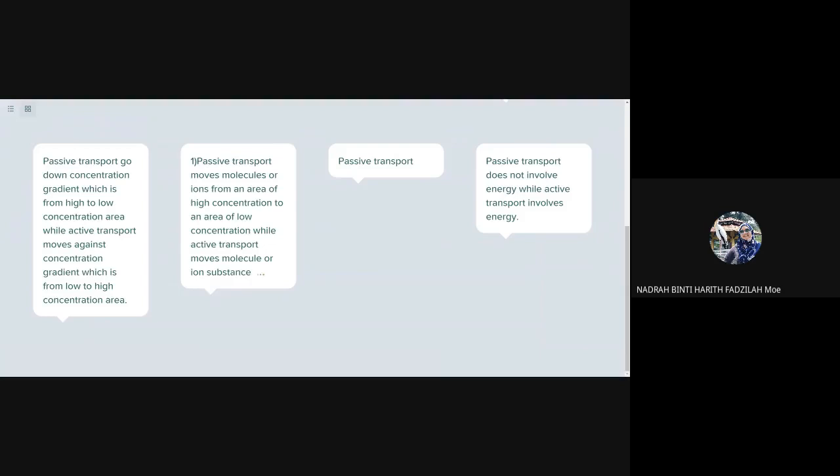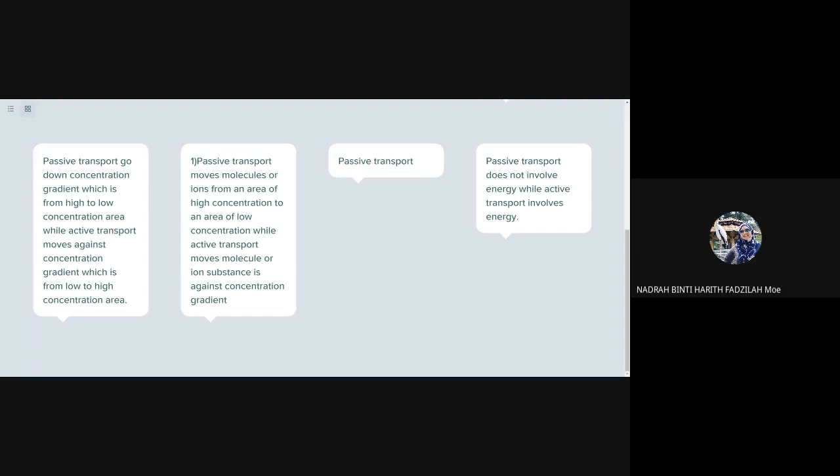Okay, and then, sekejap ya. Whereas in active transport, the transport of substances is against concentration gradient, whereas in another way we can do this is we write the transport of substances in active transport occurs from low concentration area to high concentration area. Good. Okay, itu difference level 1.